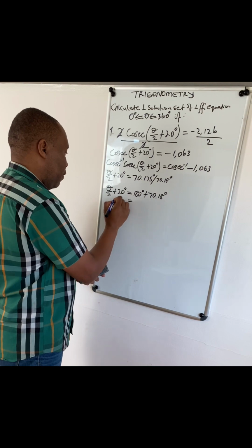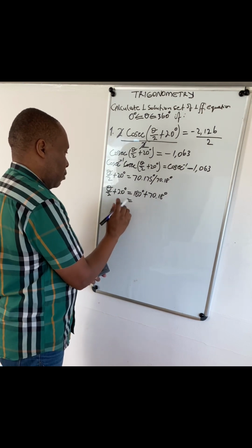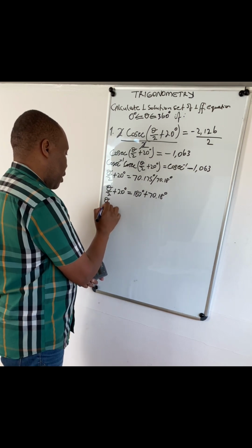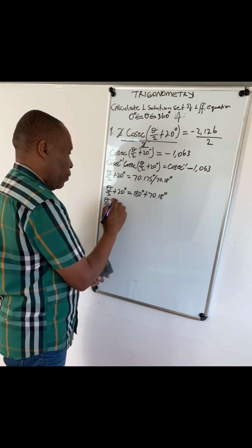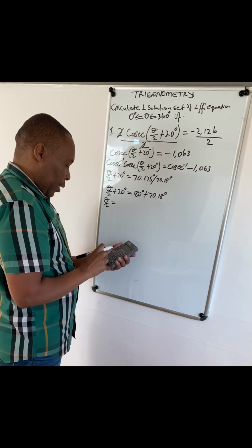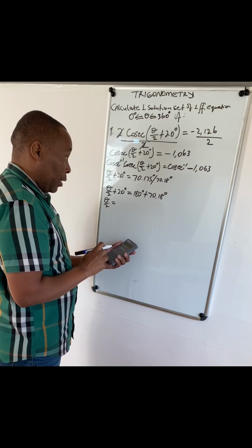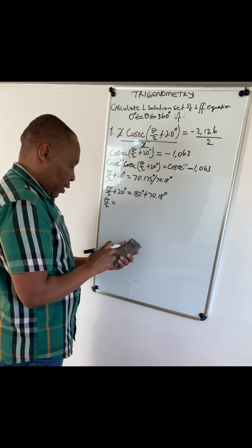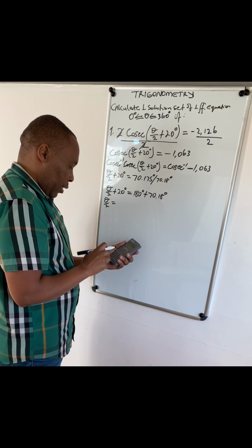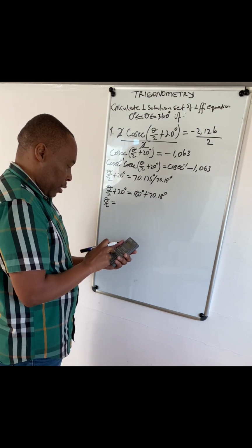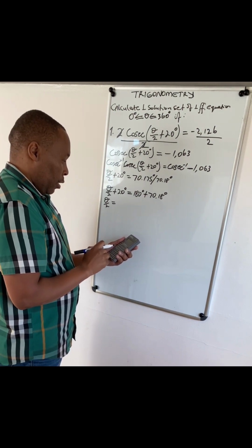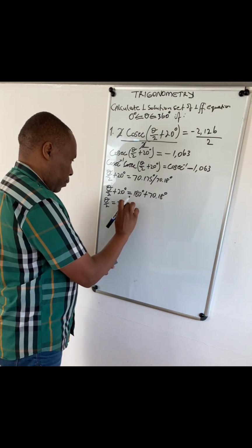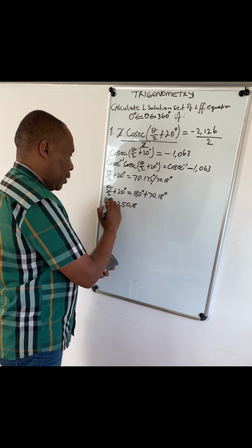So we have theta over 2 plus 20 is equal to 180 plus 70.18, which is 250.18.